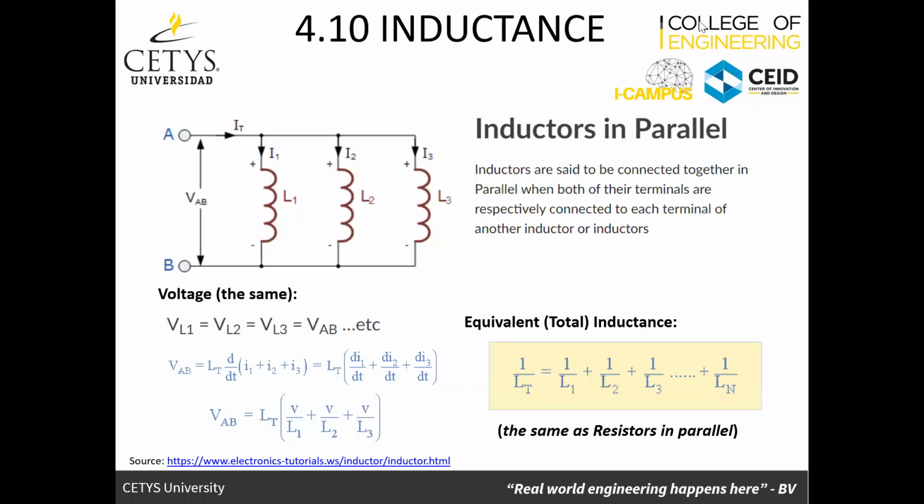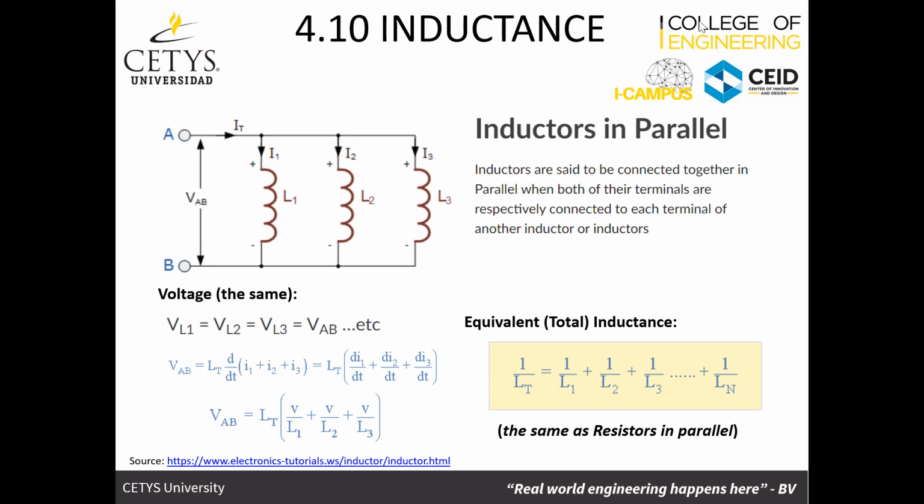Okay, so inductors in parallel behave the same as resistors in parallel. And how do resistors in parallel behave? Well, they follow the reciprocal law: 1 divided by the total or equivalent. Remember that I'm using total and equivalent as the same thing.